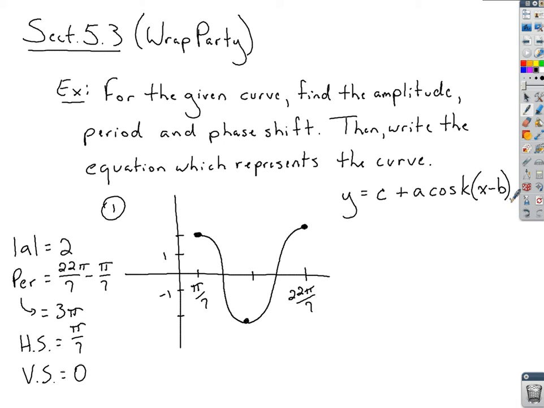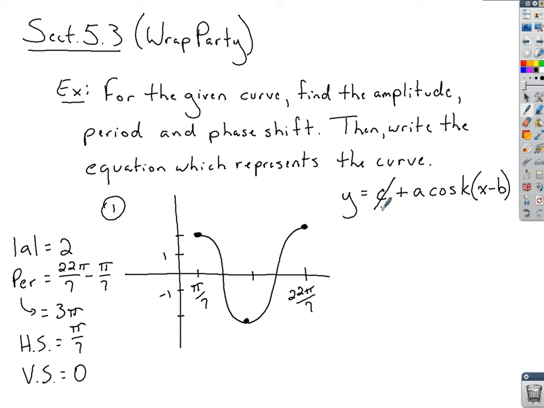So when we first derived cosine and sine curves, this was the general form that we discussed. As we're going through this assignment, if we're not going to have any vertical shifts, this c part we won't have to worry about. That's going to be 0 anyway.